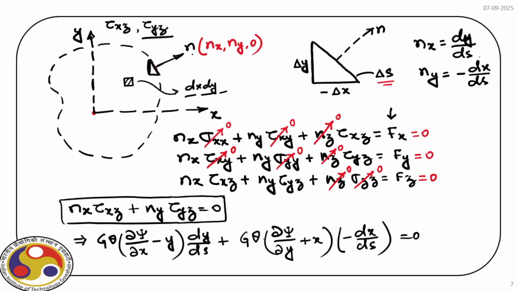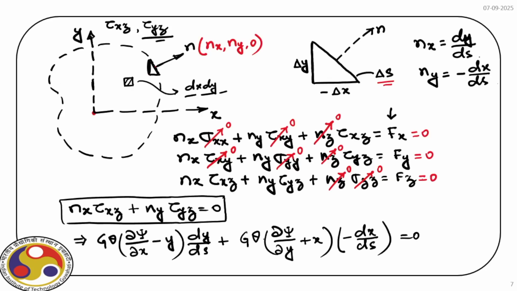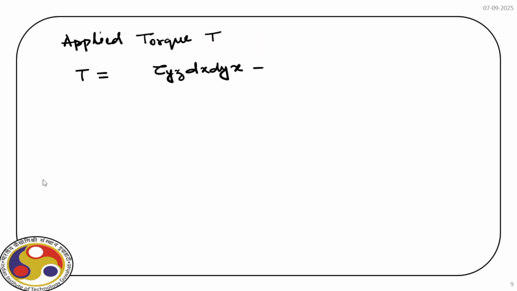So this is the force, tau yz times dx dy. It is along y. So that multiplied by x is the torque, minus, because the other one is producing a torque in the reverse direction. So we have tau xz times dx dy times y.